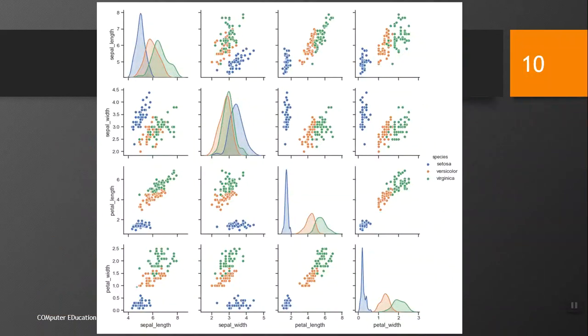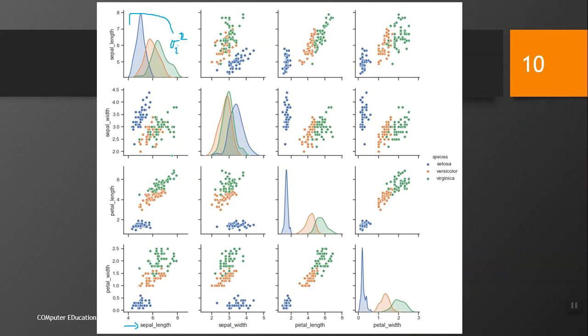Here we use the same flower data set to find the relationship of each feature with the other features. Here you can see that this is the sepal length and this is the sepal length. So this is the covariance of sepal length with itself, and this is the covariance of sepal length with sepal width.